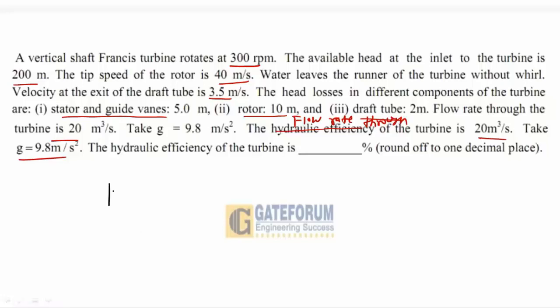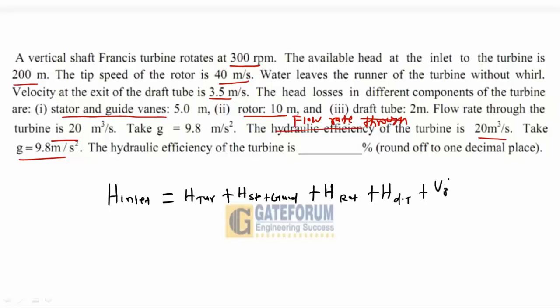So we can say H inlet, head available at inlet, is equal to head at turbine plus head at stator plus guide, plus head at rotor, plus head at draft tube, plus whatever velocity at the exit, so V3 square upon 2G. Is it clear?